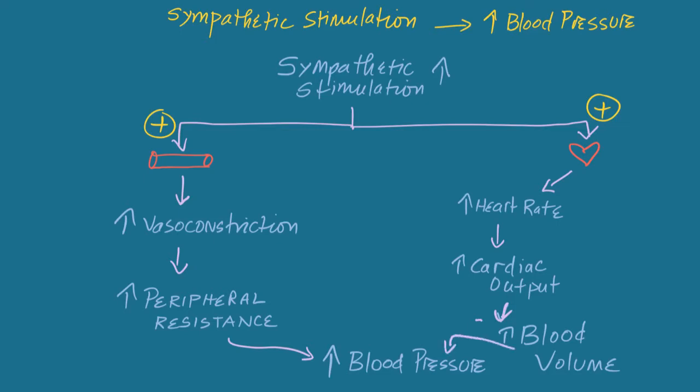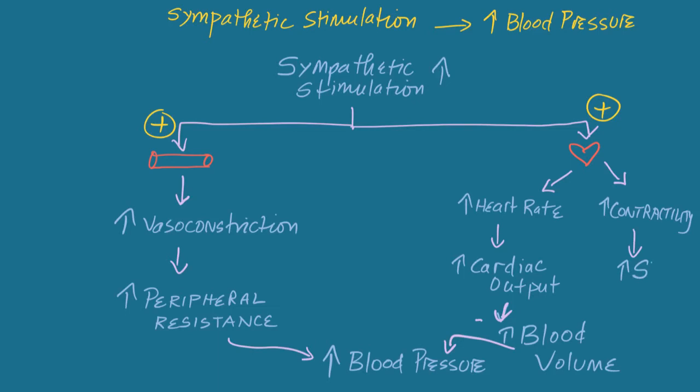There is another way in which the blood volume increases, and that is via contractility. If you remember, sympathetic stimulation increases the contractility in the heart muscle. So when contractility increases, stroke volume increases.